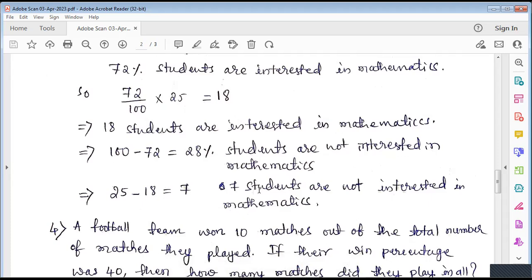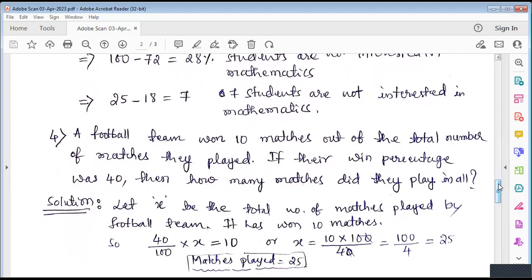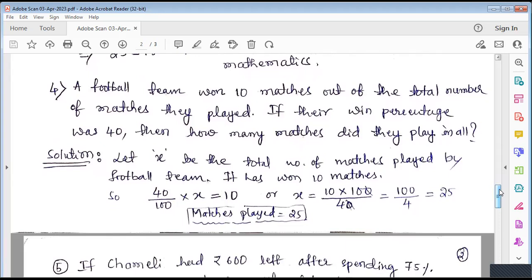So this 7 gives the number of students who are not interested in mathematics. So the third problem is over. The problems are simple, but you have to understand carefully.